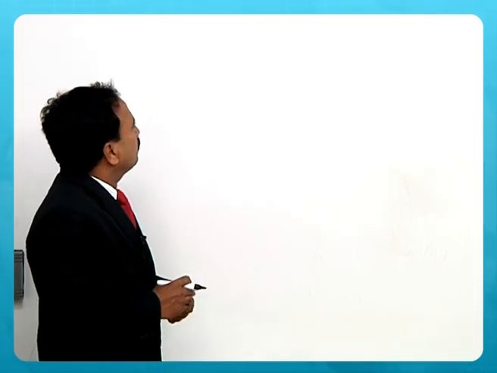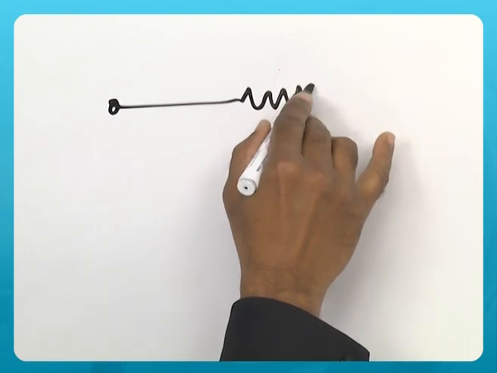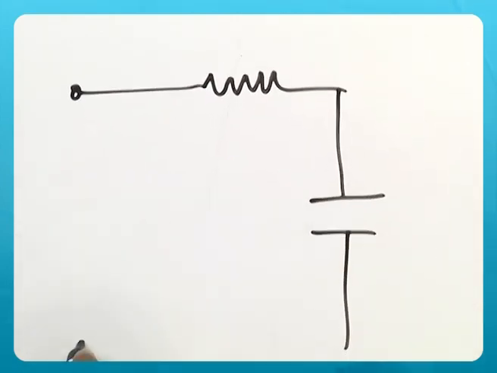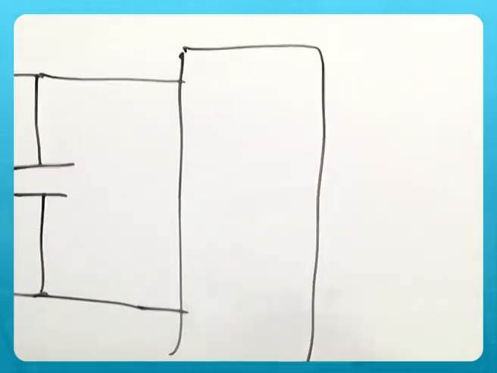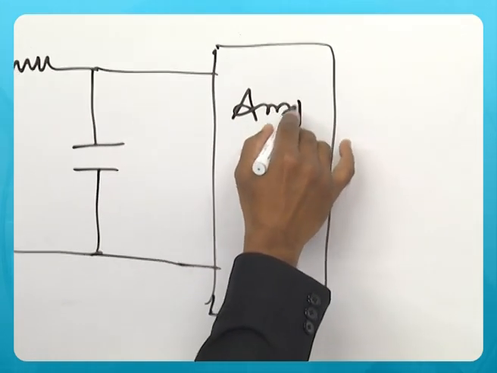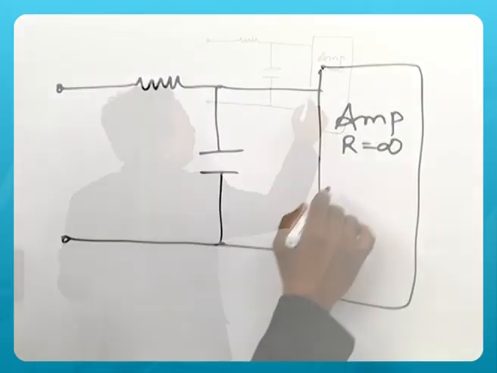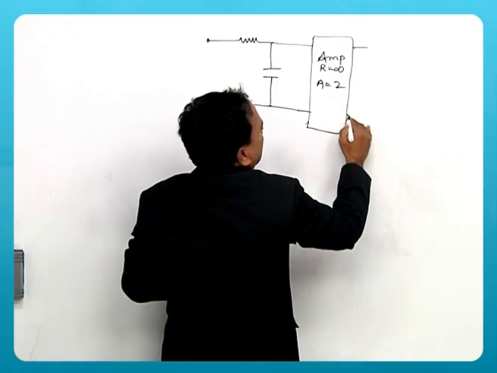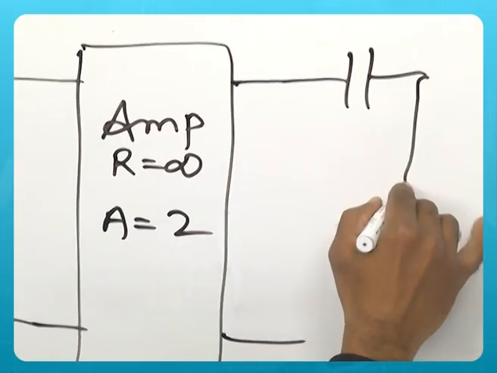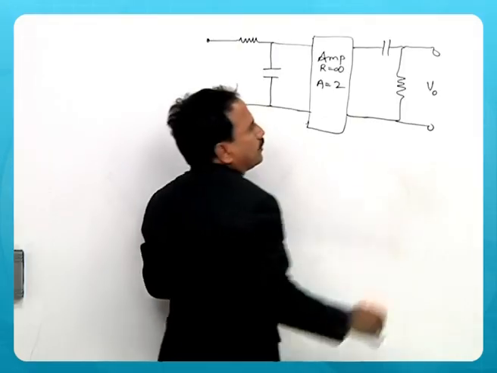Let us move to a little further complicated problem where the given electrical system has an RC combination, then there may be an amplifier whose internal resistance is infinity, but its gain is, say, suppose 2, and output of this amplifier is now connected to some CR circuit, and then output here V naught.